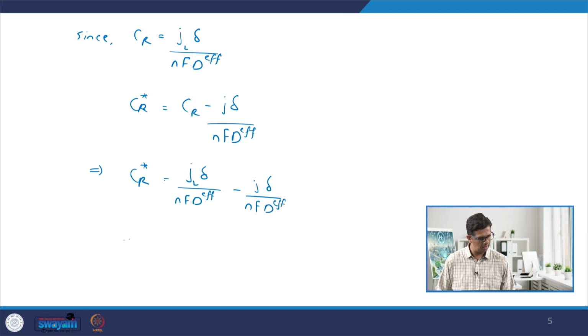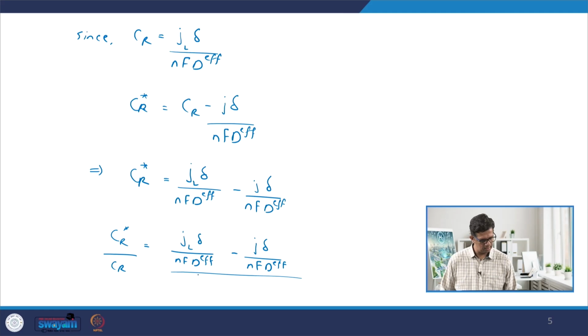Let us take the common terms out. Let us write for Cr star by Cr, which is equal to Z L delta by NF D effective minus J delta by NF D effective, whole divided by Cr.